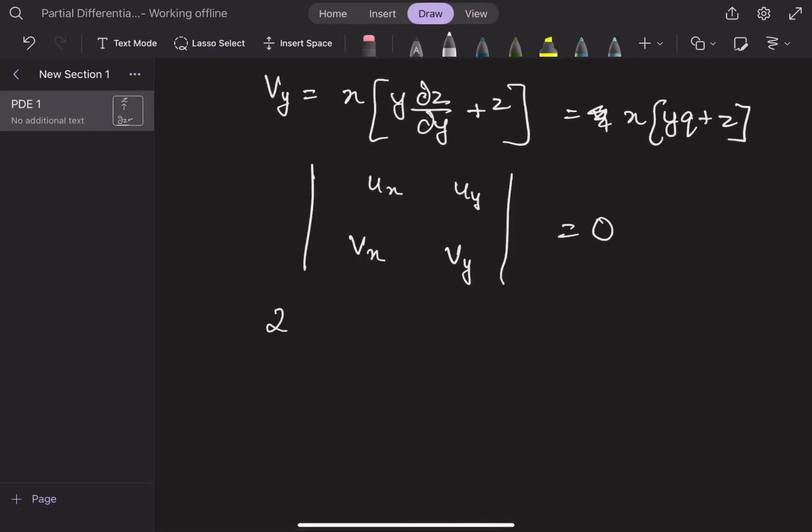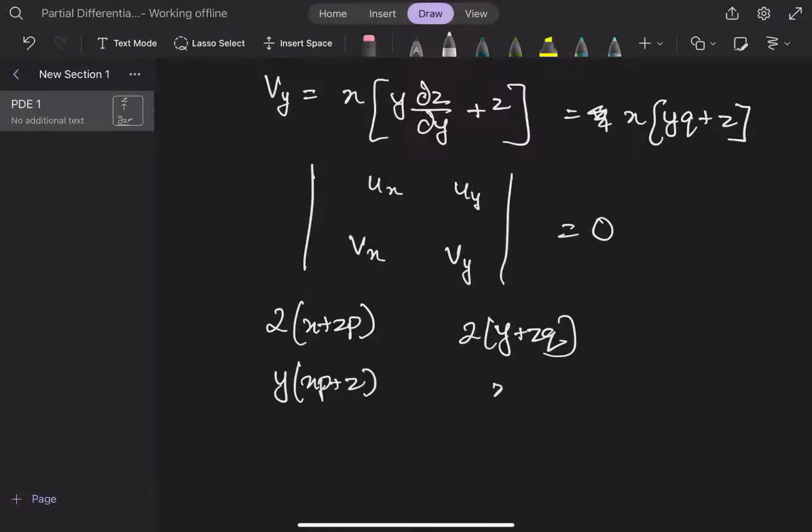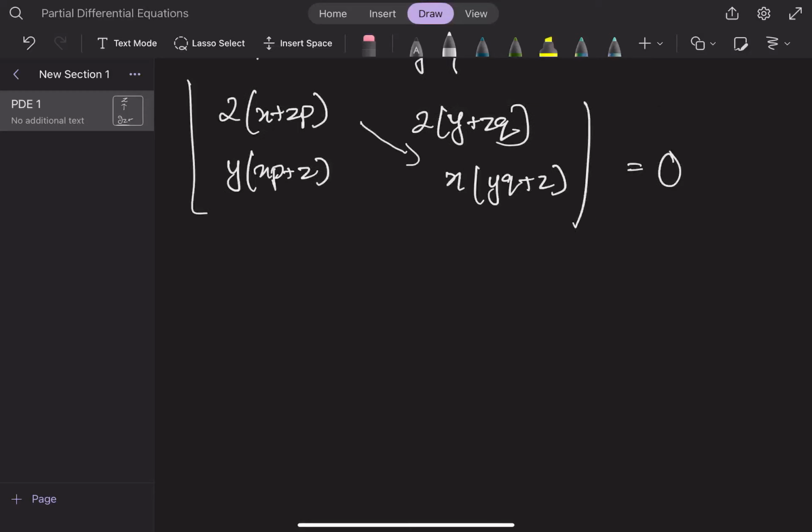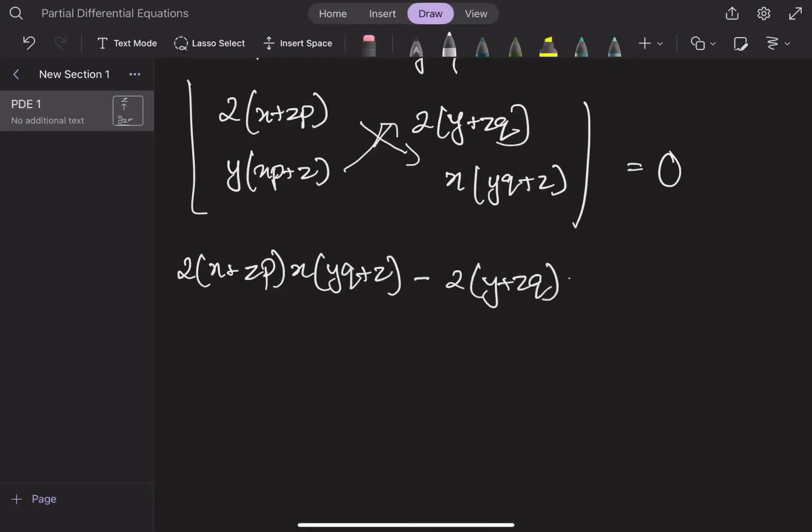So our Jacobian becomes 2x plus zp, 2y plus zq, y times xp plus z, and x times yq plus z is equal to 0. So let us solve this. 2x plus zp times x times yq plus z minus 2y plus zq times y times xp plus z is equal to 0.